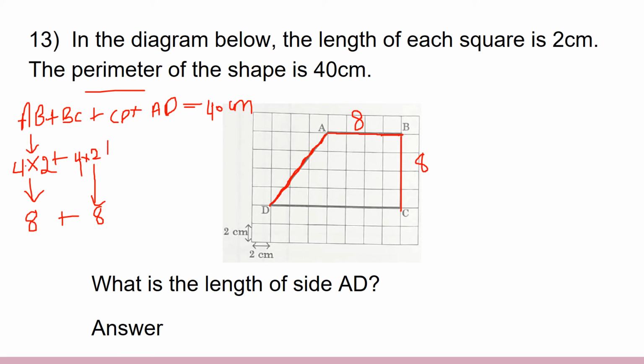Plus, we have CD. 1, 2, 3, 4, 5, 6, 7. So the length of CD is going to be 7 times 2. 7 times 2 is going to give me 14. Plus the length of AD. Now we don't know the length of AD, so I'm going to write back AD.